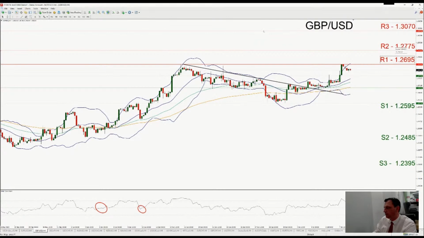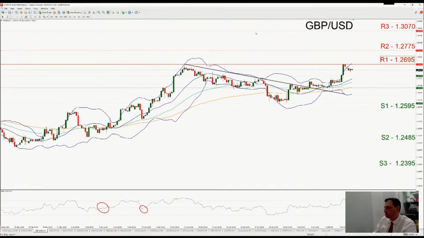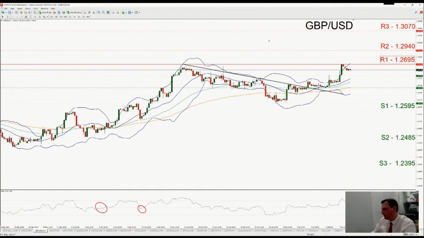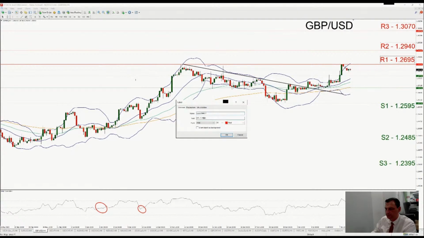VR3 at 1.3070. VR2 is now being placed at 1.2940. And VR1 at 1.2850. We raised just a bit.